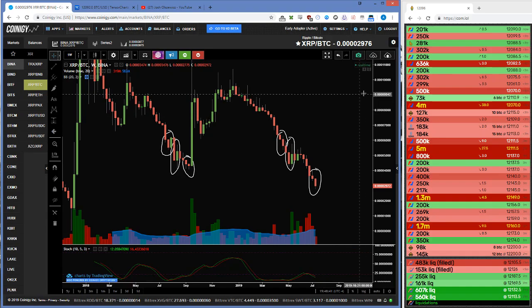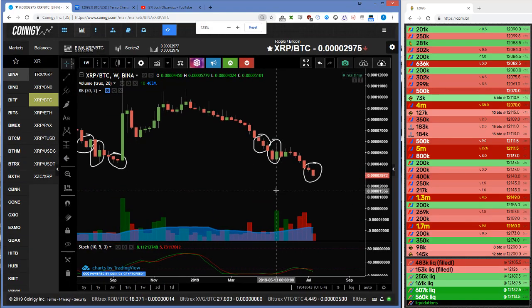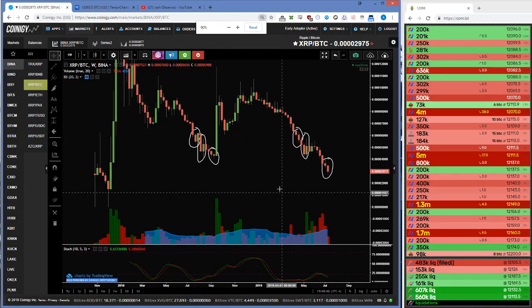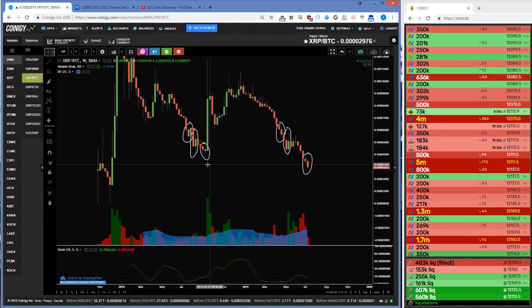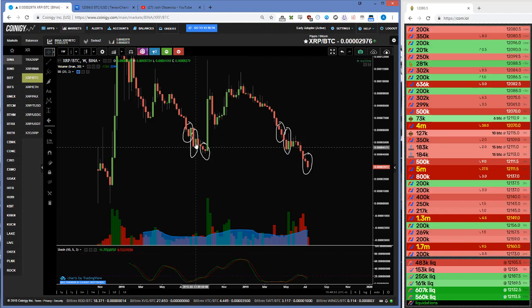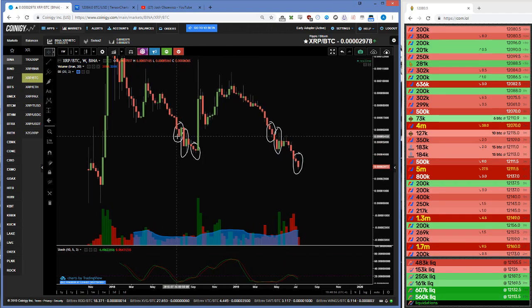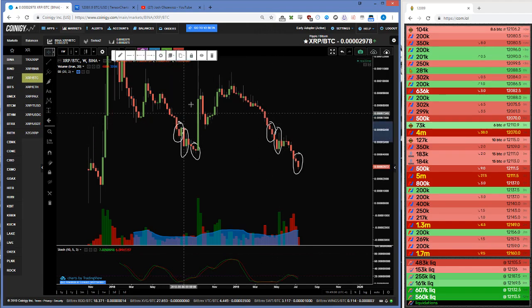Here we go. Somebody was asking about Ripple. I was looking at Ripple. You kind of have like a fractal here. It bounced, and then it's kind of grinding lower, and then you break out.